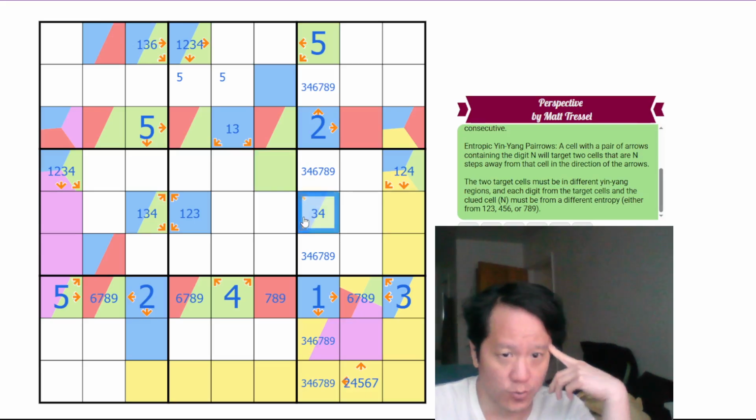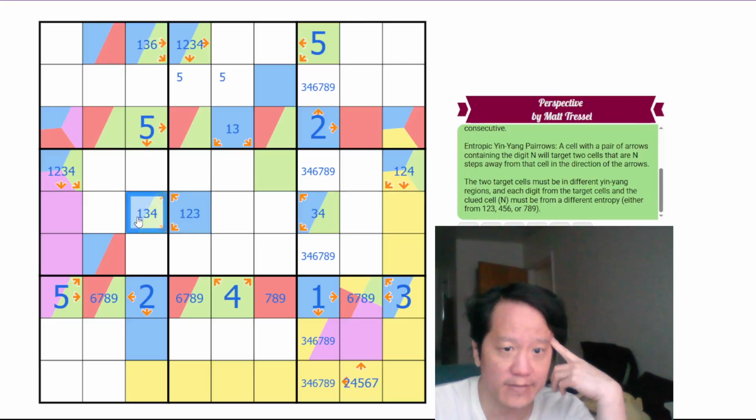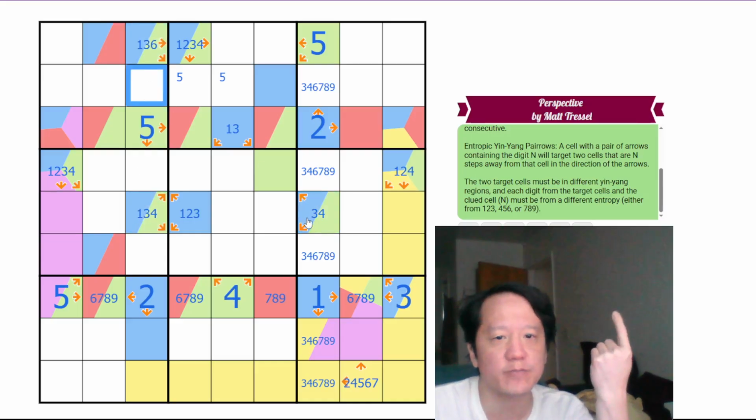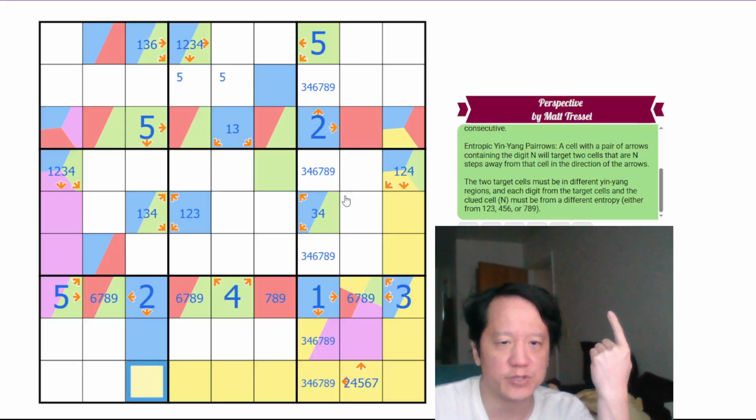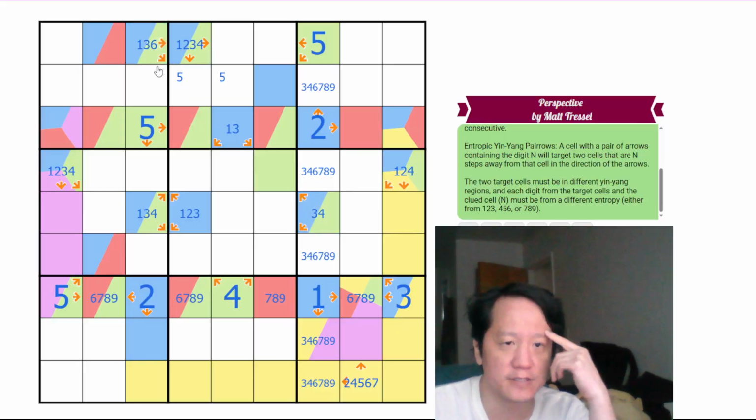If this is 4, we have the same problems, though. That means this is low and this is low, because this has to be 4. It points to that and that. Actually, it can't even be that, because that points to this and this. But the thing is, since it points to that, this has to be low. This is 4.